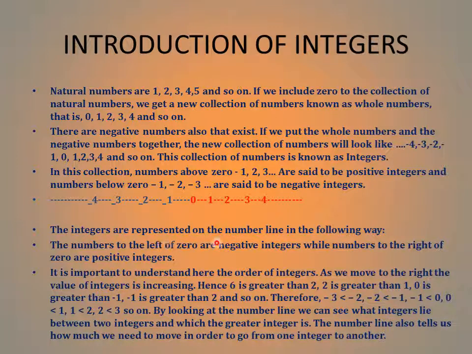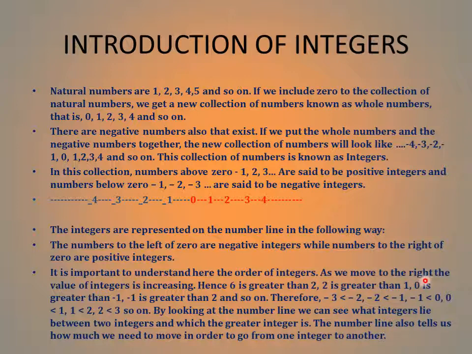The integers are represented on the number line in the following way. The numbers to the left of 0 are negative integers, while the numbers to the right of 0 are the positive integers.